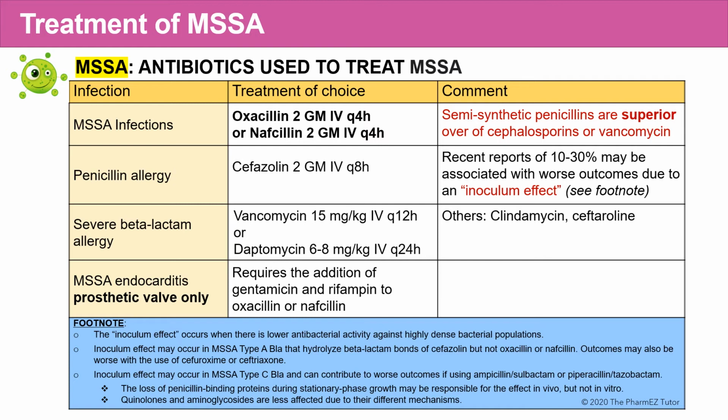Now, this can happen with ceftaroline and also other cephalosporins. And it can also happen with Unasyn or Zosyn. So again, these antibiotics are probably not the ideal antibiotics to use to treat MSSA. You want to stick with using the semi-synthetic penicillins as much as possible.